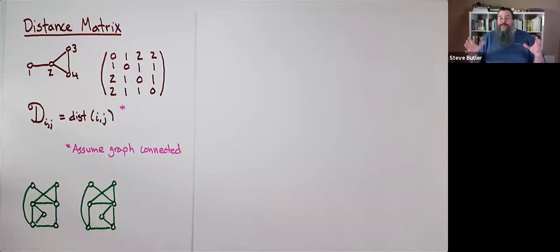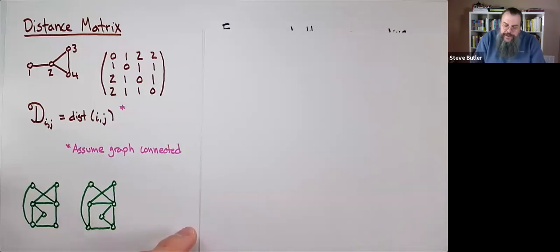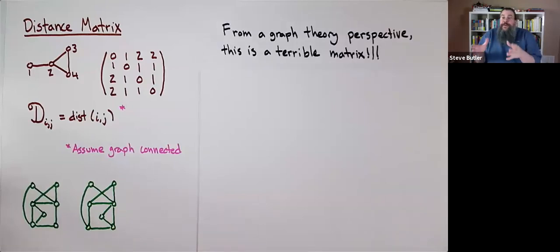Now, the distance matrix is really kind of strange. Why do I say that? From a graph theory perspective, this is a terrible matrix. What should matter in graph theory? Our neighbors. Our neighbors are the most important thing. It's what we care about.